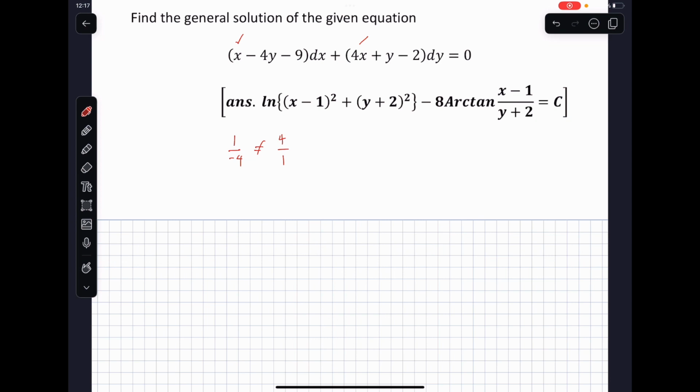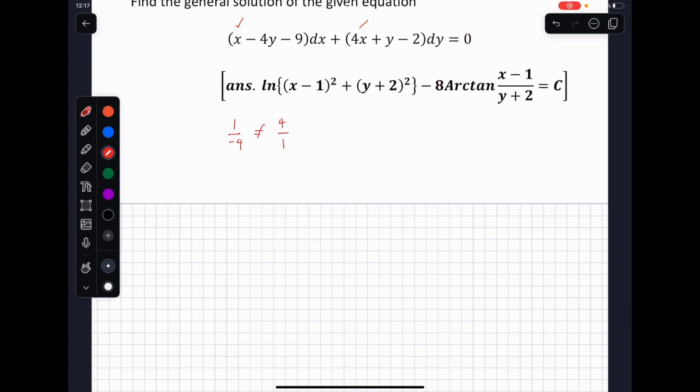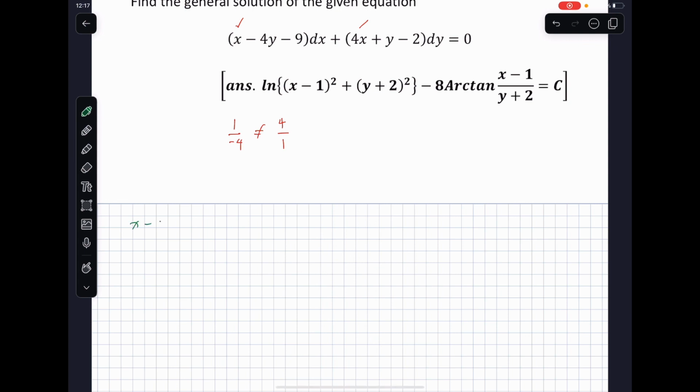So to do that, I'm going to rewrite the equation. So x minus 4y minus 9 is equal to 0. The second one is 4x plus y minus 2 is equal to 0. So I want to determine what's the value of x first.